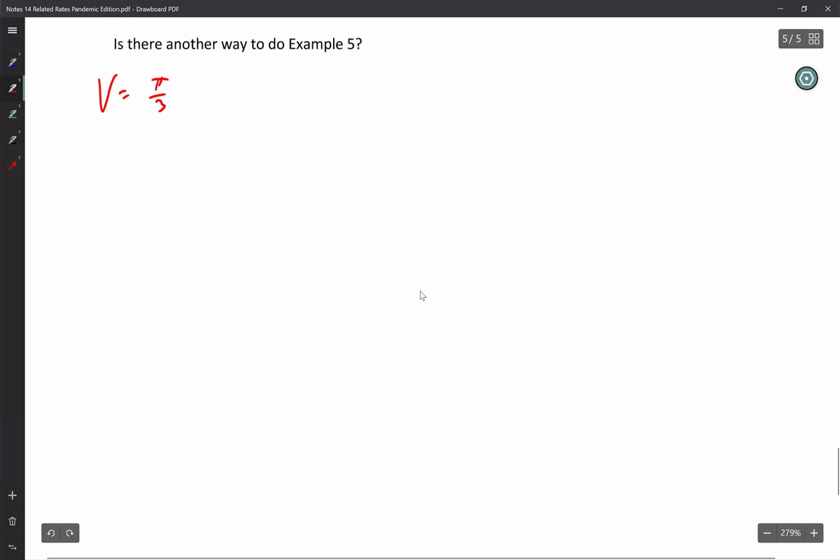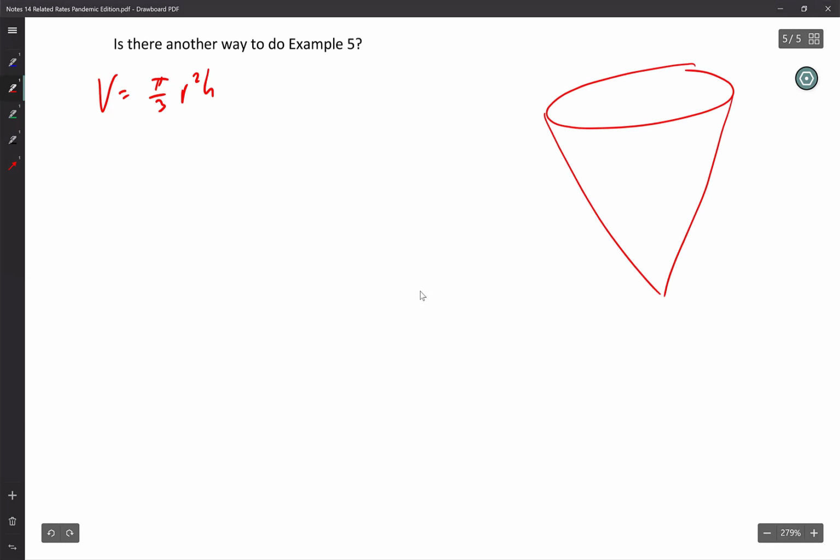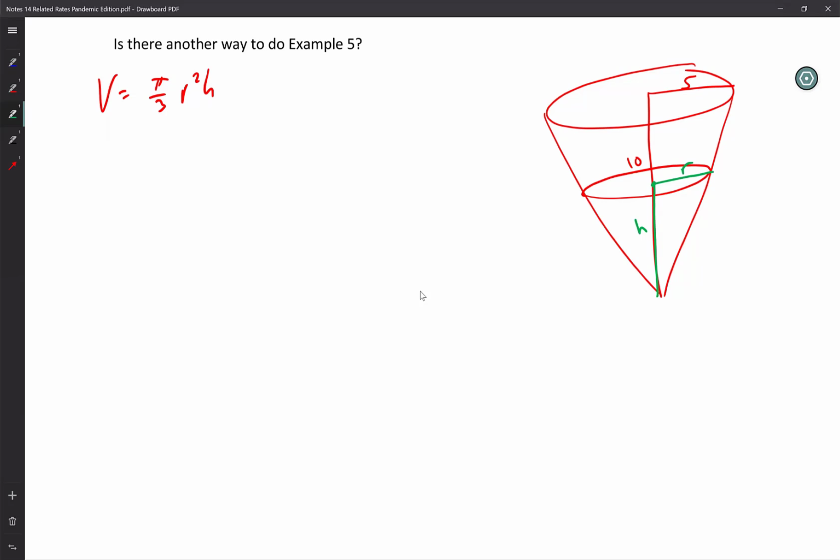There is another way. There's always another way. This time I made the water nice and smooth. All right, and this distance here from the water, that's your h. This is your r. Since you want dh/dt, you could have just replaced everything from the very beginning in terms of just h.